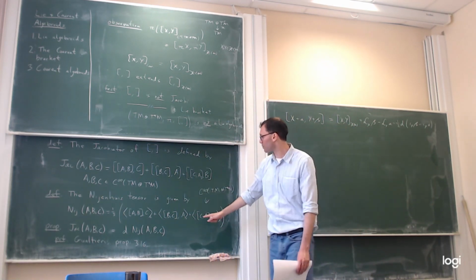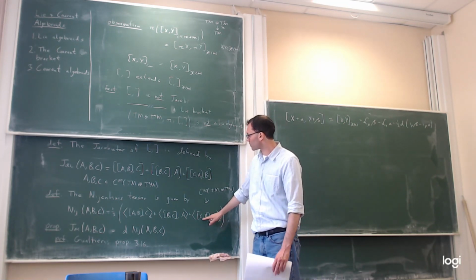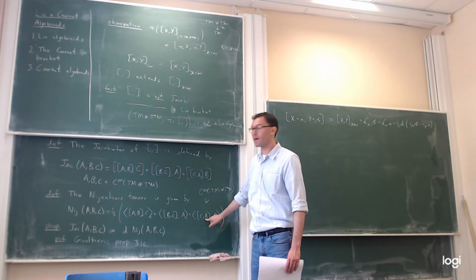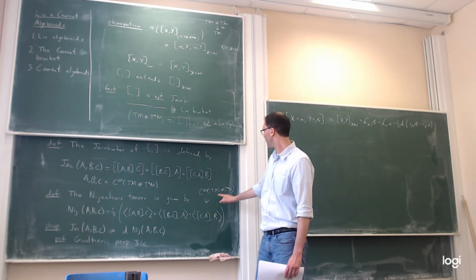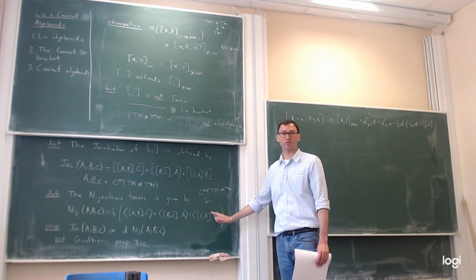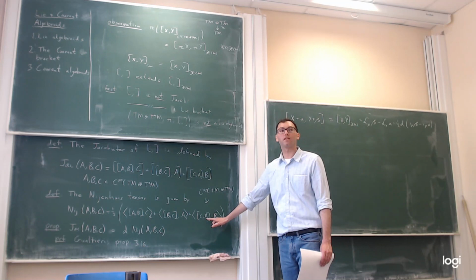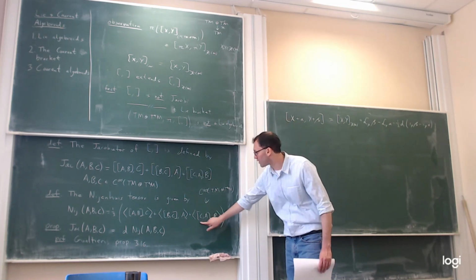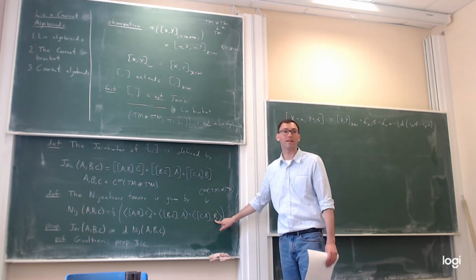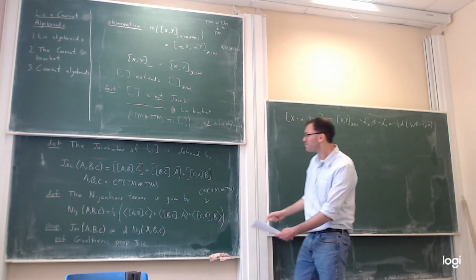You can see that by noticing the following: the Courant bracket of C and A here is going to be a section of the extended tangent bundle. Then when we apply the canonical symmetric bilinear form fiber-wise to this section and this section, that gives us another section. And then we just add the similar terms.